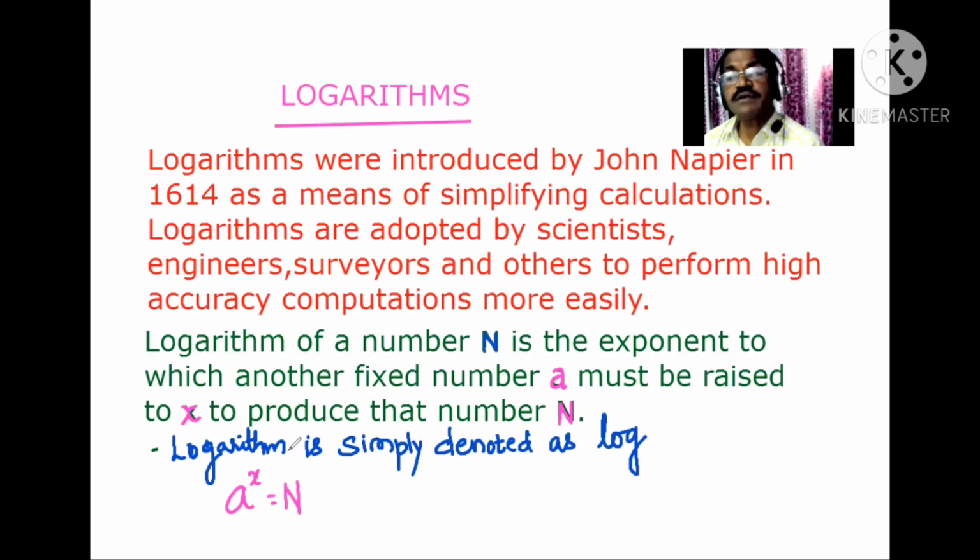So let us understand the concept easily by taking some examples. If a to the power of x is equal to n, then the logarithm of n, simply written as log of n to the base a, is equal to x. This is the exponential form of the number.